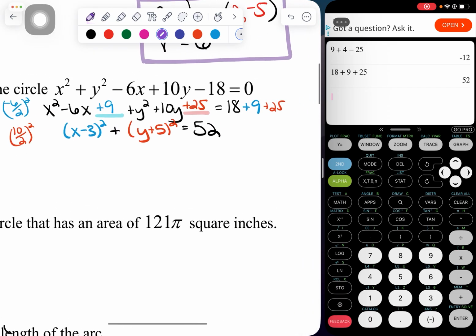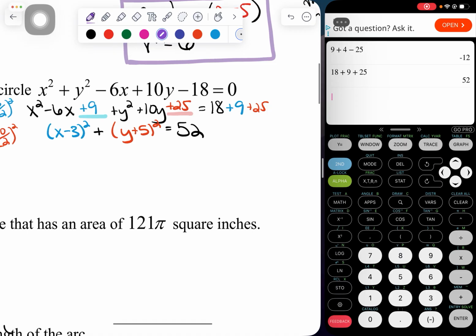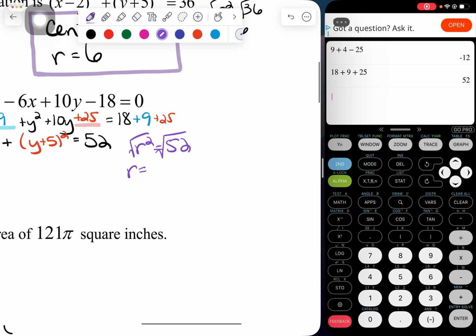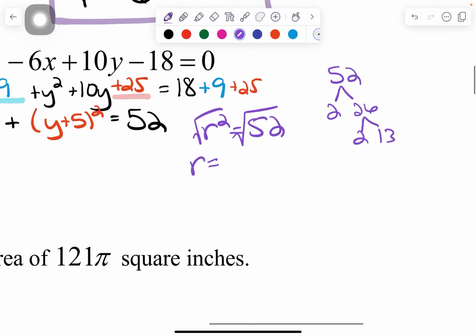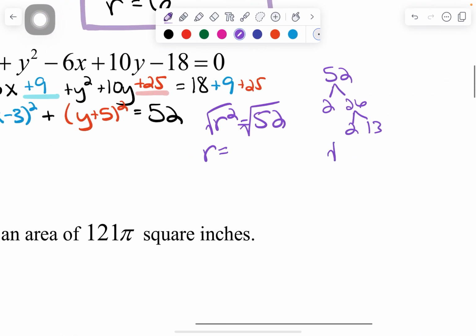Now the radius, again, not 52. It's going to be the radius squared is 52. So square root both sides. And unfortunately, 52, let's see, 2 times 26 and 2 times 13. Yeah, I don't need the calculator right now. Probably will later on. So that is 2 times 2 times 13.